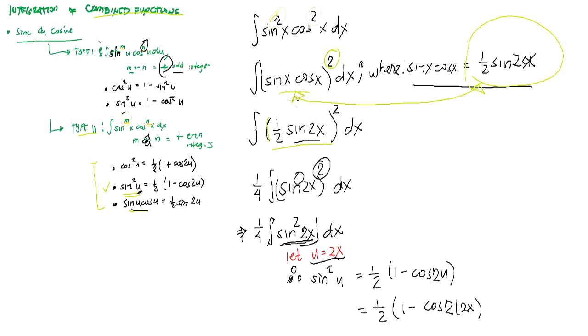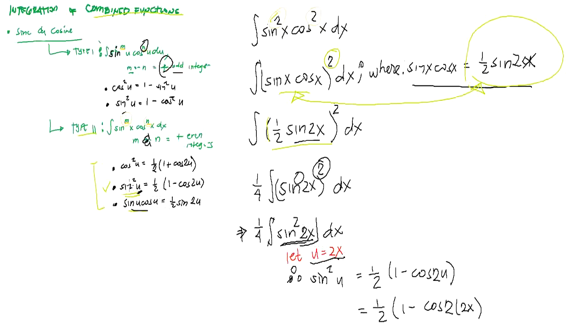Then we transform this so that we can use another identity in our trigonometry, which is sine squared of some function u. Here our u is equal to 2x.